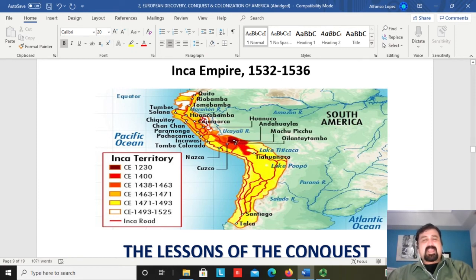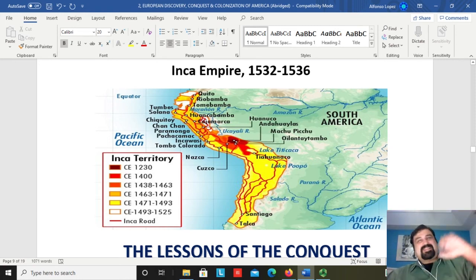Of course, it also had a capital, ruled by an emperor who was considered to be divine, just like the Aztec emperor, by the way. And when the Spaniards arrived in 1532, they also engaged in battle with the Inca warriors, and in only 4 years, by 1536, the Inca Empire was defeated.